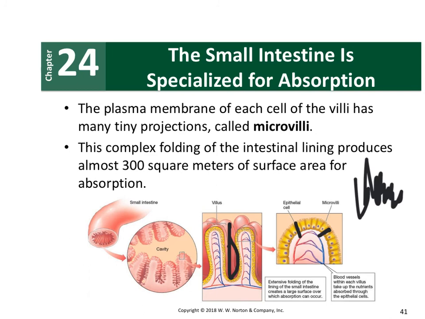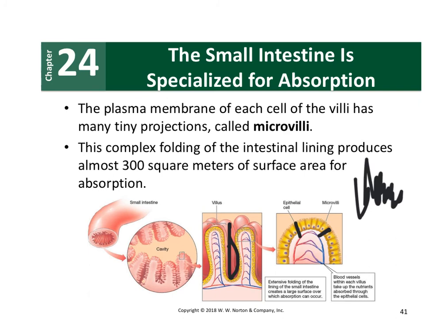So villi, okay, so extensive folding of the lining of the small intestine creates a large surface area over which absorption can happen. Blood vessels within each villus take up the nutrients absorbed through the epithelial cells. Okay, so the microvilli take in the nutrients and then put them into the epithelial cells, which are then tied into capillaries. Very fine.